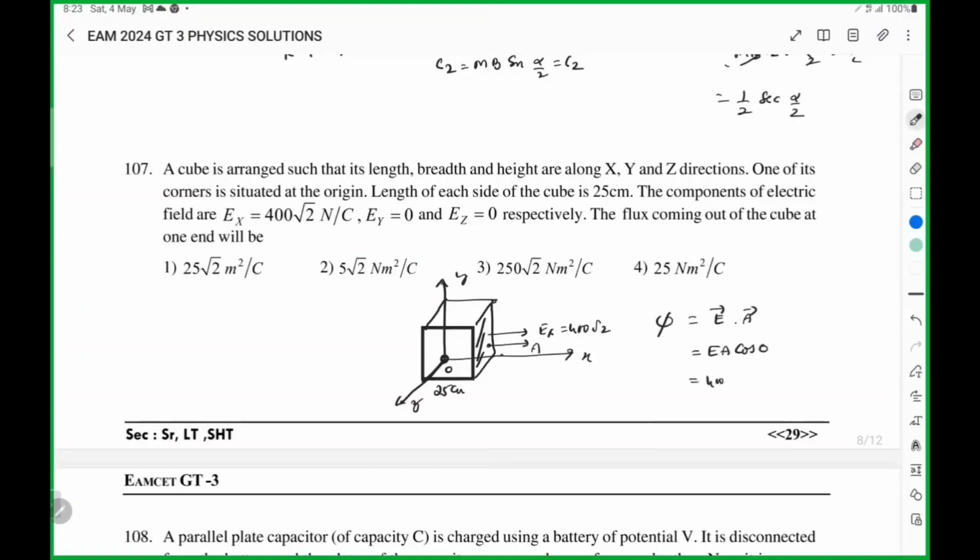Here E is 400 Newton per coulomb, and the area is 25 into 25 centimeters square, so the flux is 400 times 25 times 25 root 2 Newton meter square per coulomb.